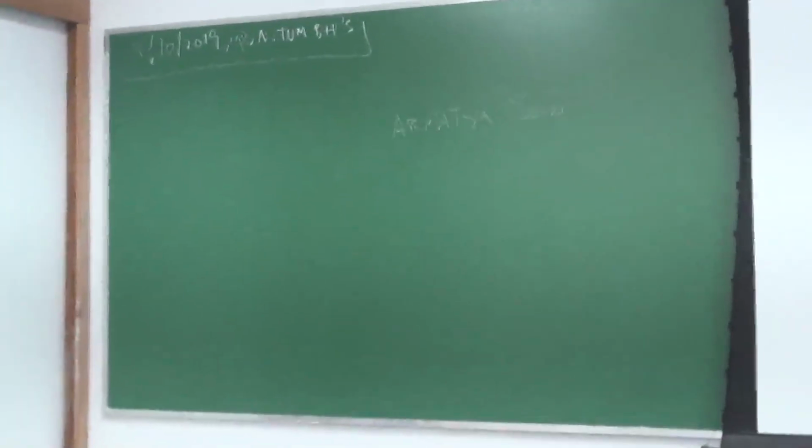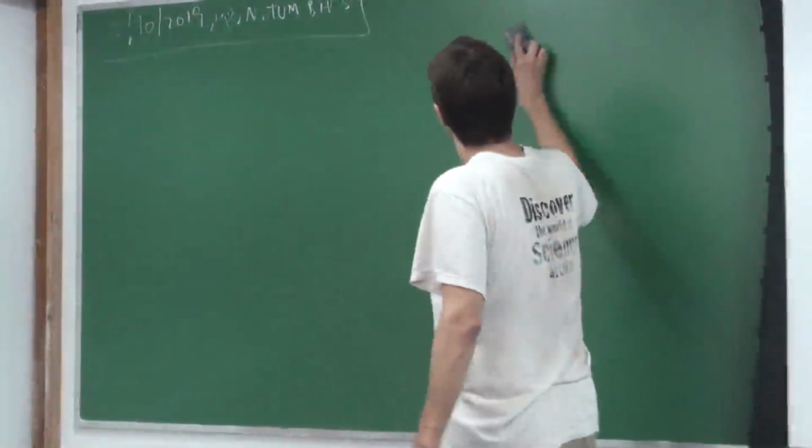We started looking at, well, we almost finished looking at the Unruh effect. This is in two-dimensional flat space-time.